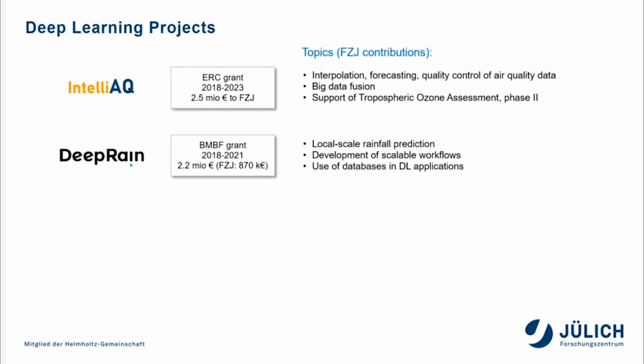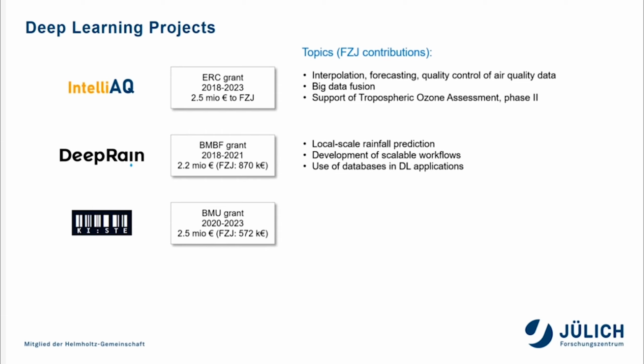And here the objectives are local scale rainfall prediction, to develop these kind of predictions through AI methods, development of scalable workflows, and the use of databases in deep learning applications. So our specific aspects here, as written in the proposal, are more technical, but of course we're also interested in the actual machine learning application.